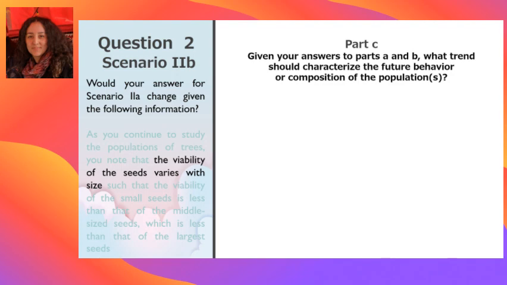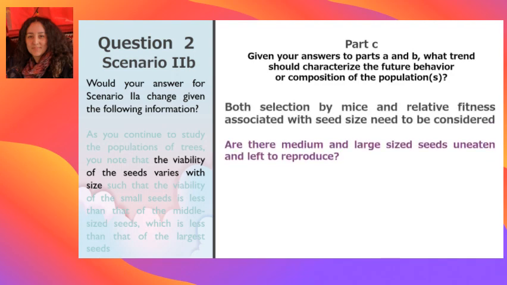But what we can do is look at what we have and consider the information that's important for making these decisions. So both selection by mice and the relative fitness associated with seed size will need to be considered to characterize the future behavior or composition of the populations.